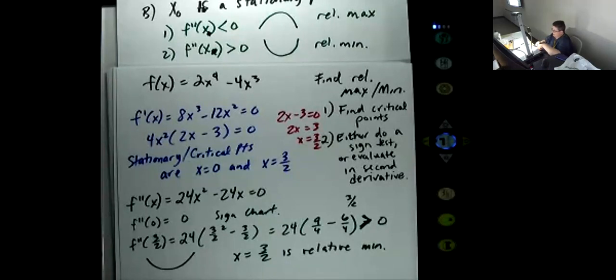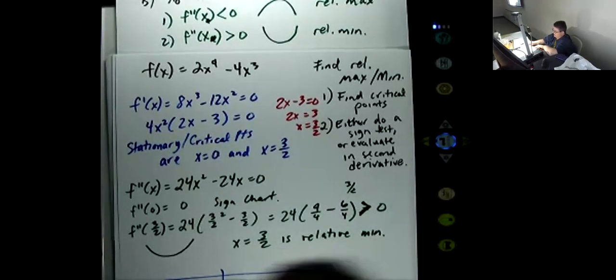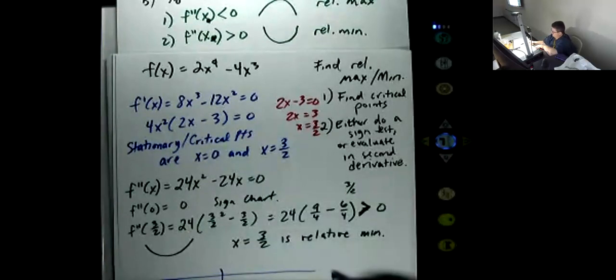Let's take a look at what's going on at 0. And we're going back to the first derivative.